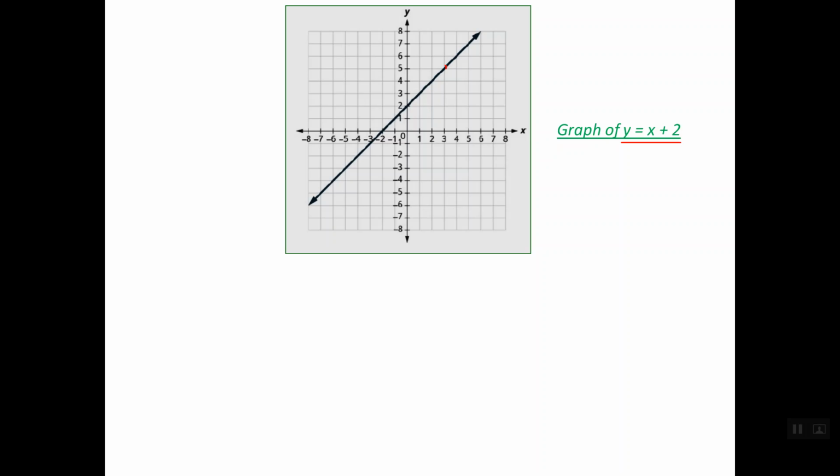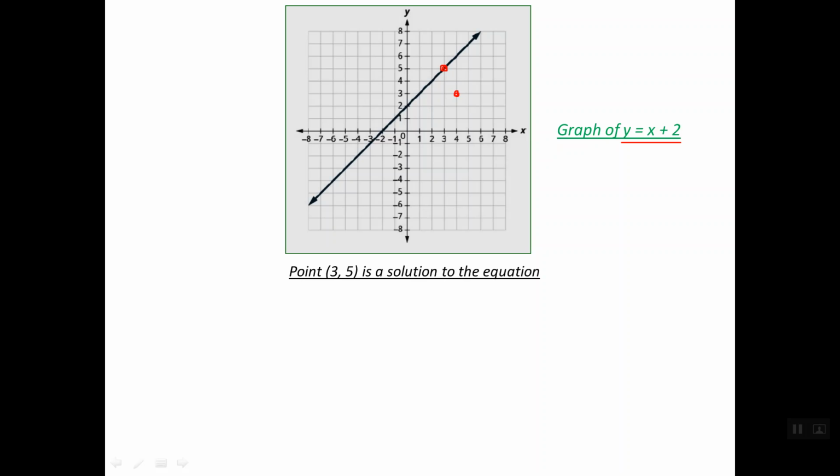For example, if we check this point with coordinates 3 and 5 and substitute it in this equation, it becomes true. And if we try the coordinates of this point, which is outside the line, we see that the equation is not balanced.